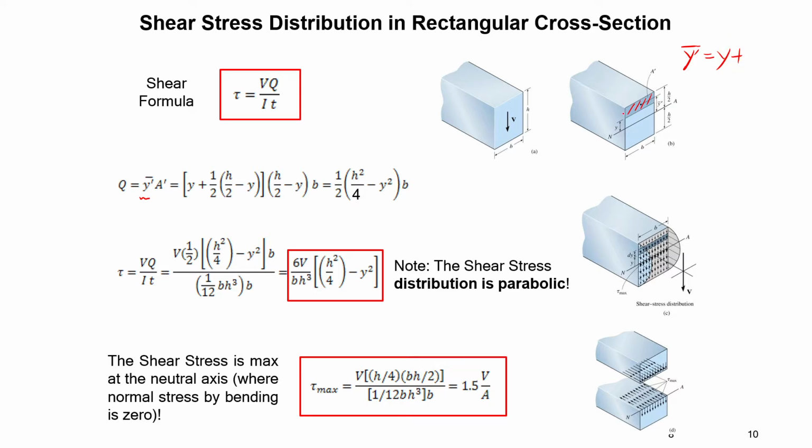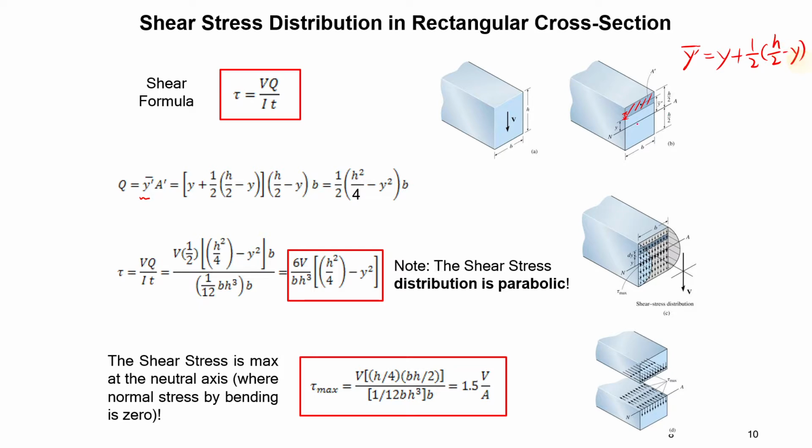That small distance, essentially from here to here, very tiny here, okay? That distance should be equal to half of h minus y, okay?